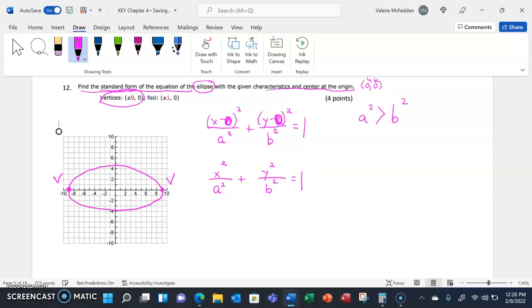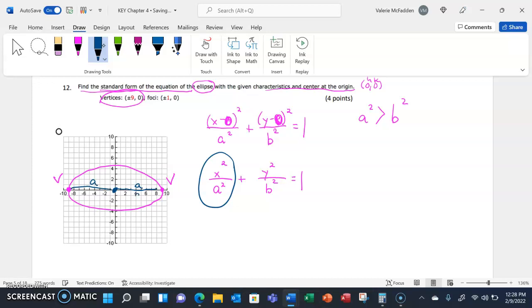So I know it's going to be longer this way, left, right. Then, since this is correct, I do have a squared is bigger, because here's our center at the origin, and this is a to the left, and this is a to the right. It's going to be the bigger number.